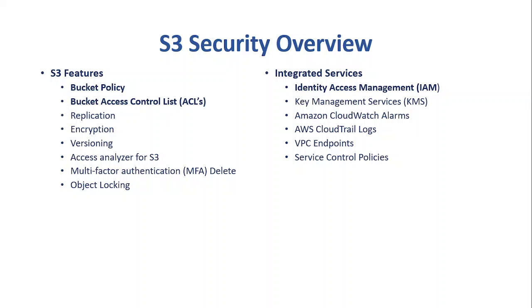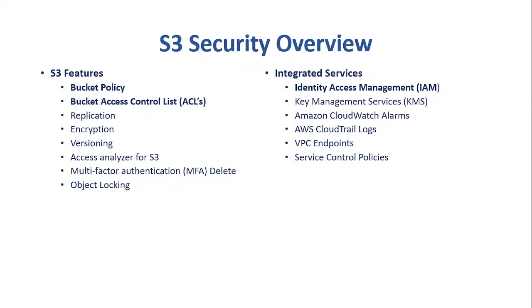And as we can see, S3 has a lot of features like bucket policy, bucket access control, replication, encryption, versioning, access analyzer for S3, multi-factor authentication delete, and object locking. These are a bunch of features which are already available in S3, and they maintain the security of S3. And there are other integrated services which work with S3, and can be used with other services too.